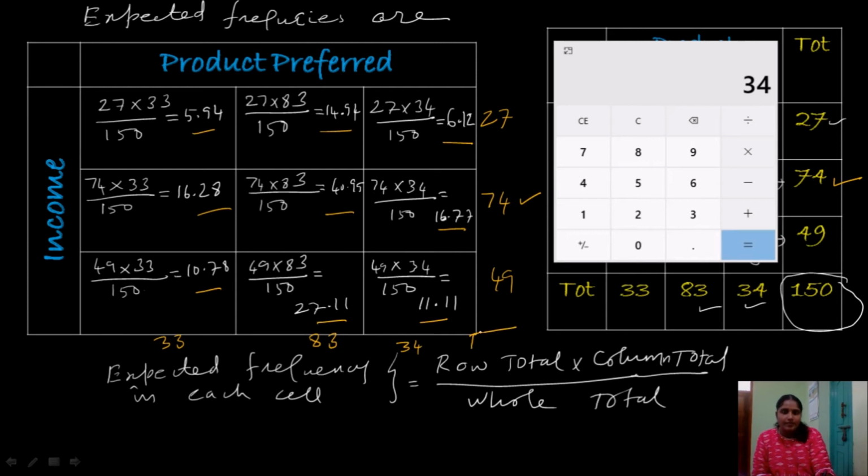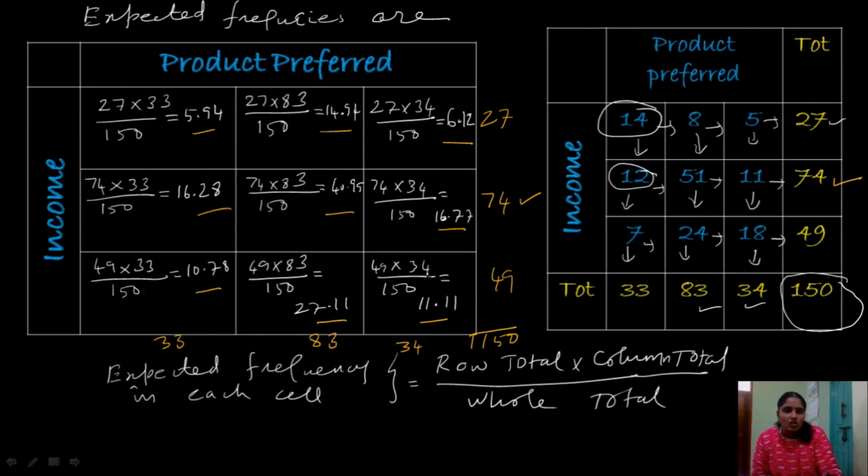And by adding its corresponding row totals and column totals, we get the whole total. First I add the row totals: 27 plus 74 plus 49, you get 150. Likewise, we add column wise too: 33 plus 83 plus 34, we get the whole total as 150.